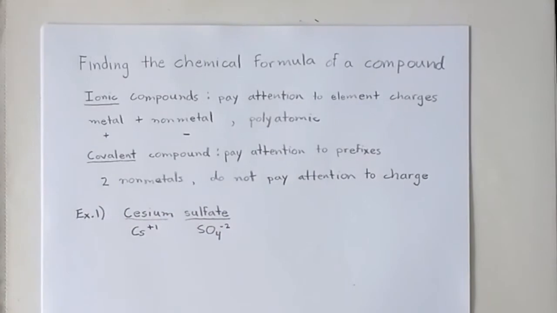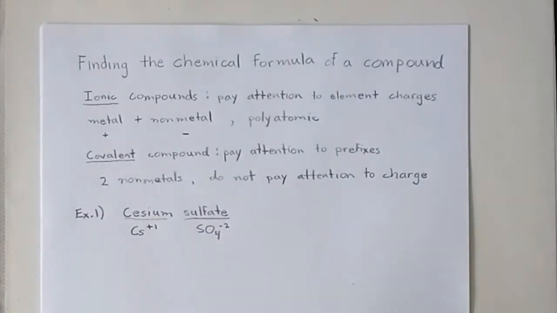The next step for this example is that because it is an ionic compound and we are dealing with charges, we need to find the least common multiple between the charges.